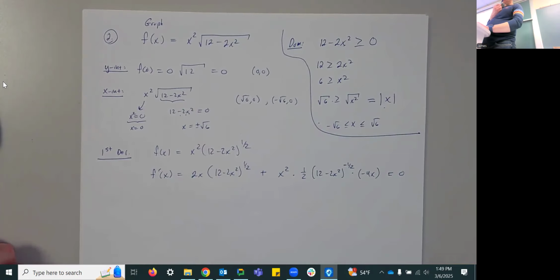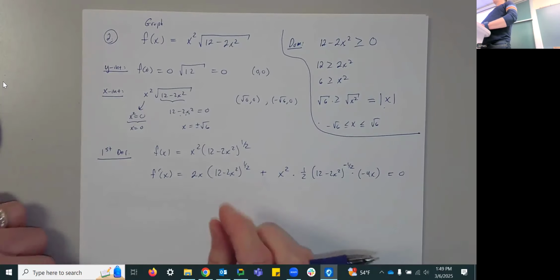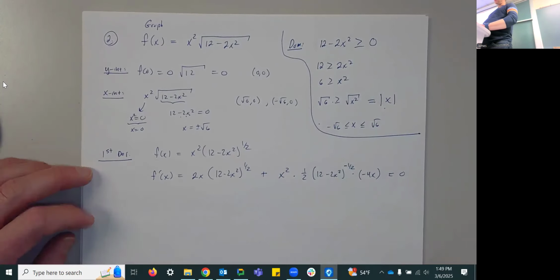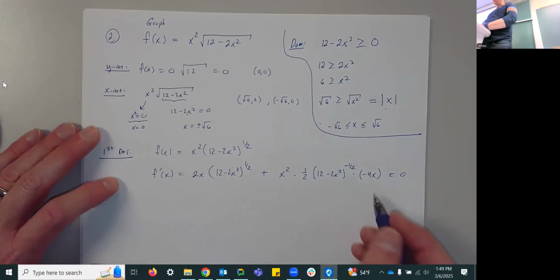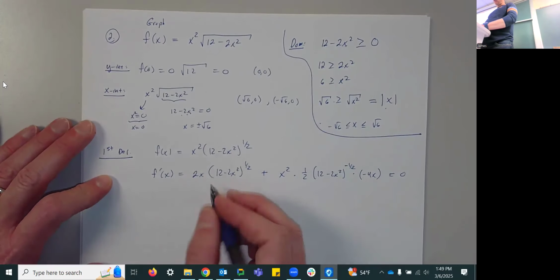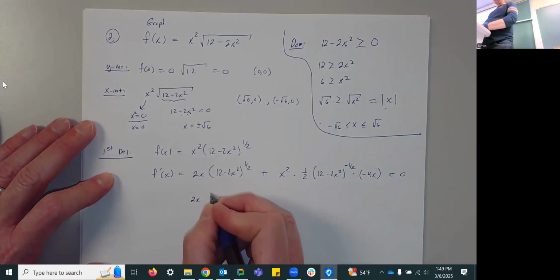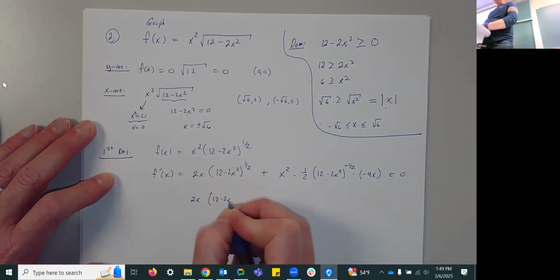How do I like to think about this? A couple ways to go here. I personally would recommend factoring out. You could also think about writing it with a common denominator. I'll do it the second way here, just to point out that you can go either way. So I'm going to write this as 2x times (12 minus 2x squared) to the 1/2.